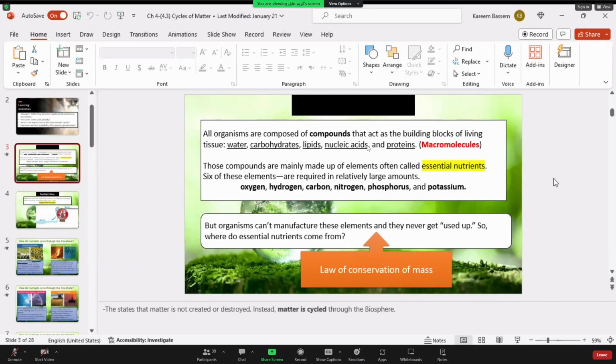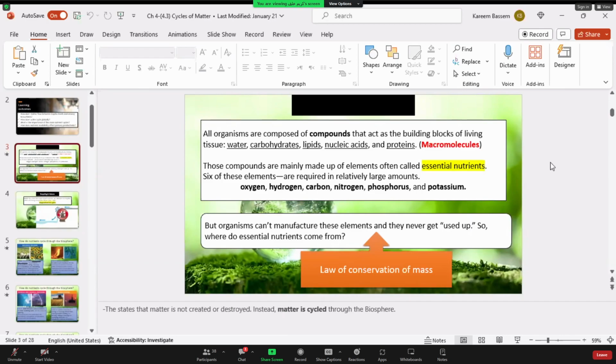We call them essential nutrients, like oxygen, hydrogen, carbon, nitrogen, phosphorus, potassium. They are important for making up what? They make the composition of what? Macromolecules. The four famous macromolecules we know: carbohydrates, lipids, nucleic acids, and proteins.